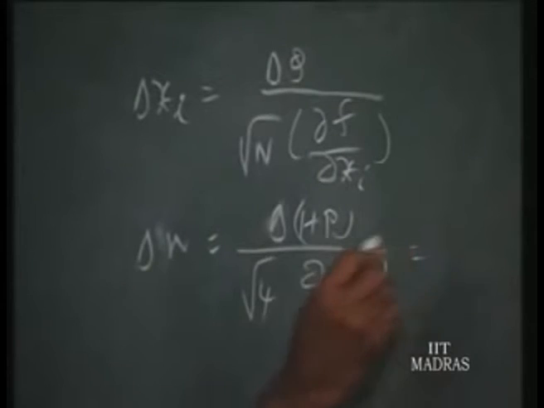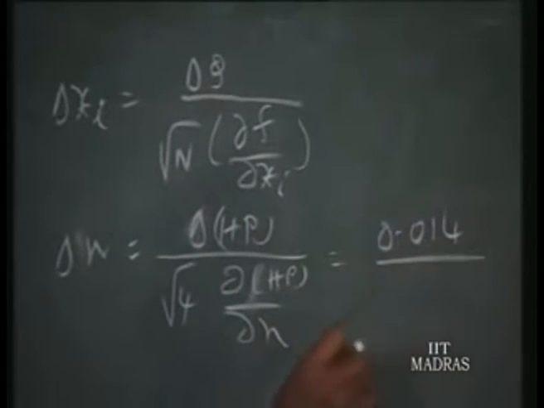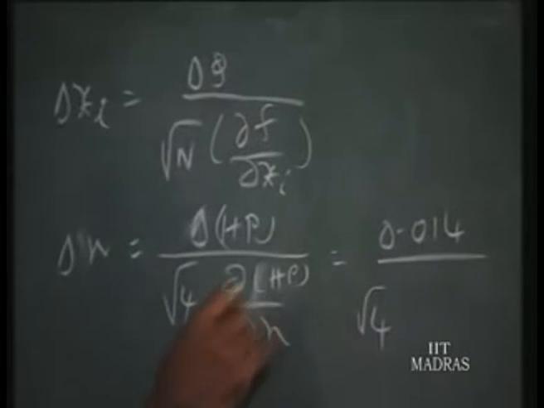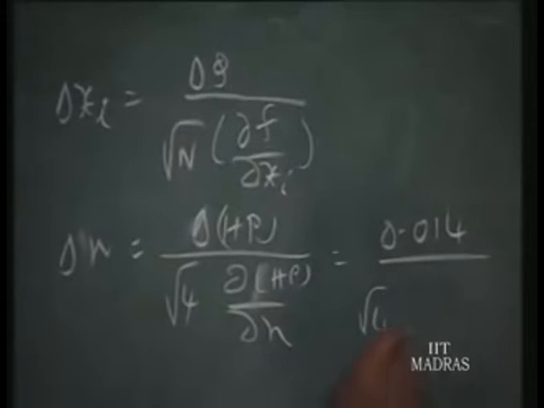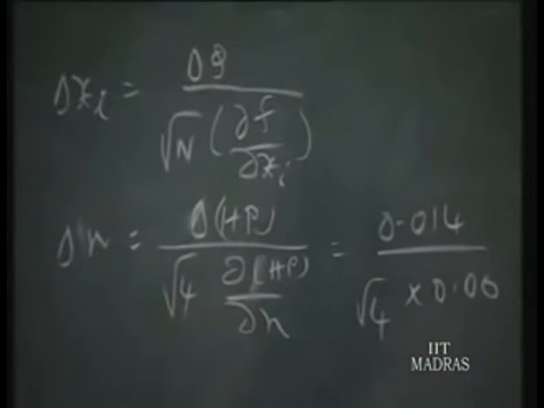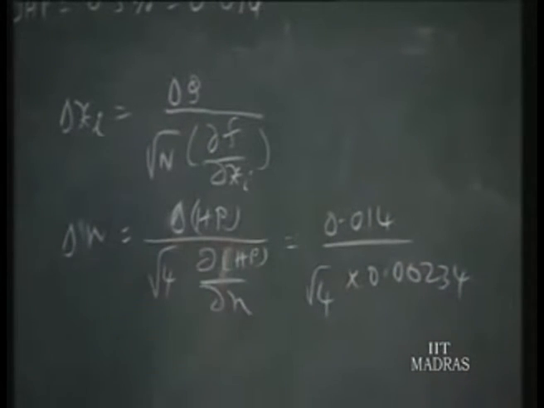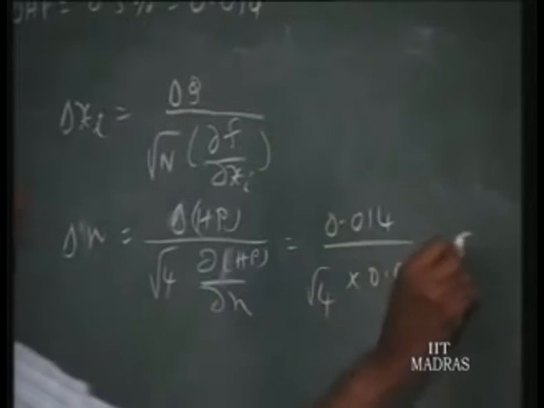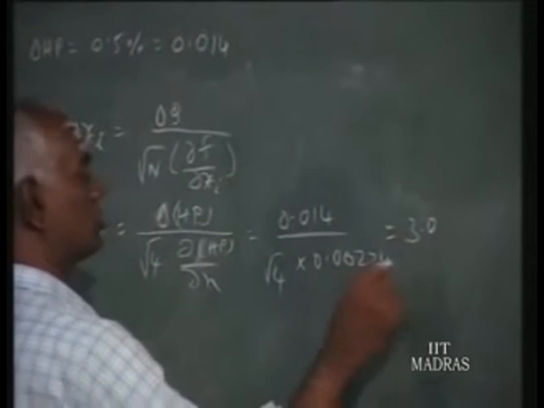So, we substitute here, delta horsepower is 0.014 divided by root 4 into dou hp by dou n, which we already calculated earlier, that is 0.00234. This is what you found in the earlier problem. So, now this comes to about three rotations.